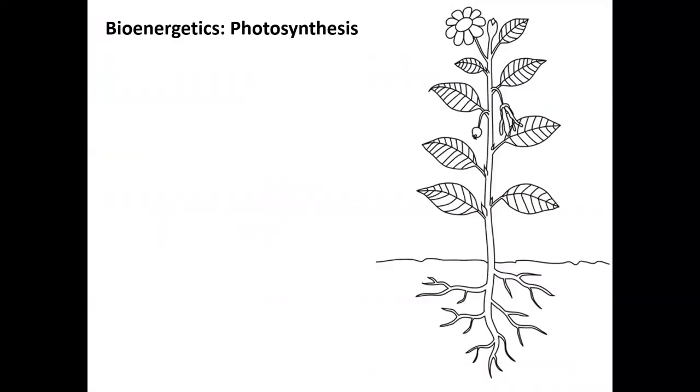So bioenergetics, photosynthesis. Let's break down the meaning of the word photosynthesis first of all. Photo means using light energy, synthesis means to make. So photosynthesis is basically using light energy to make something. So what do plants make?